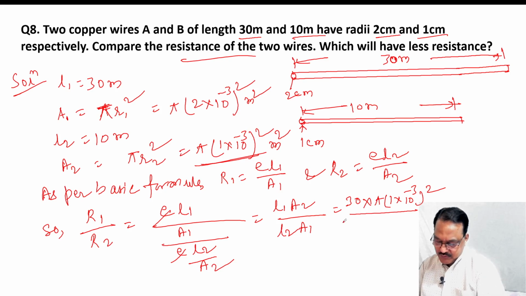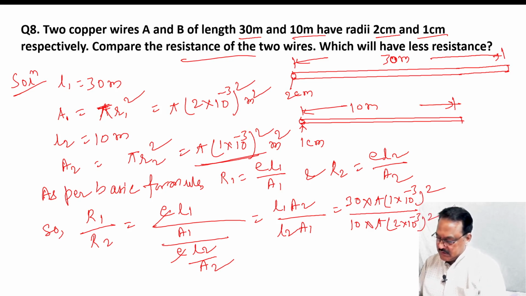L2 is given 10 meter, so 10 into pi, and A1 means (2 into 10 to the power minus 3) whole square.